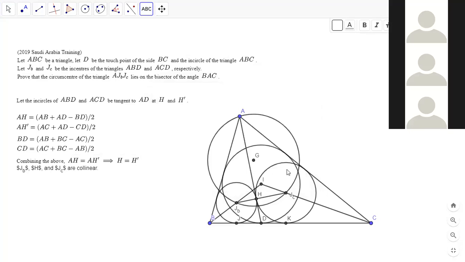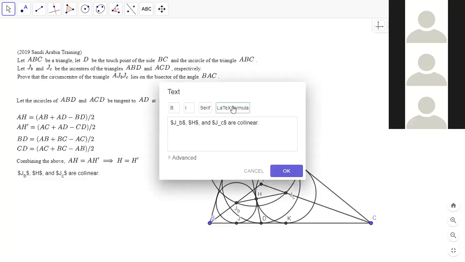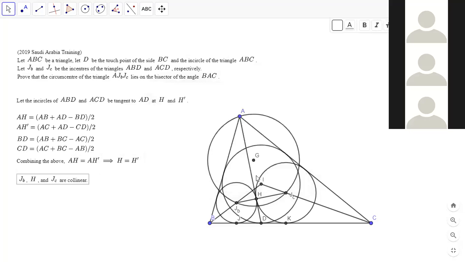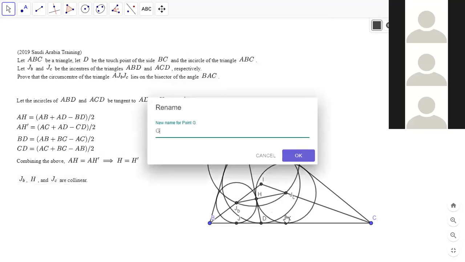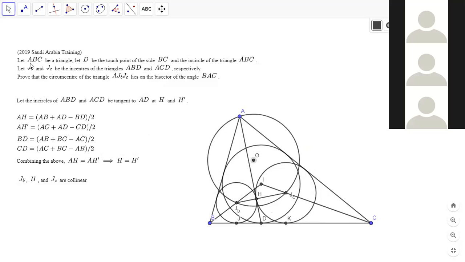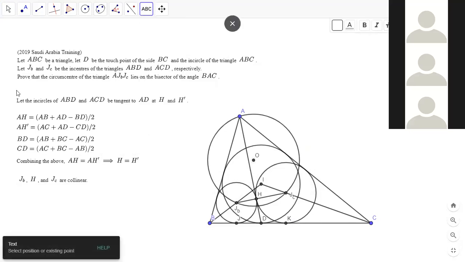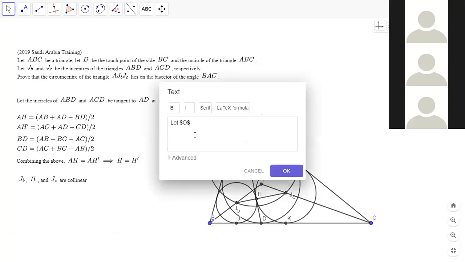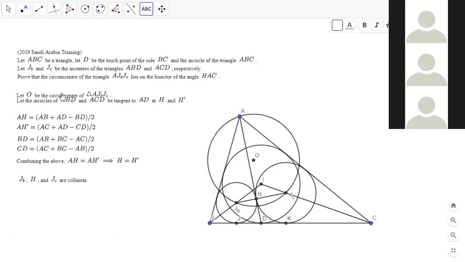Now the angle chase isn't hard. I'll just start out saying, I'll just call this O. Why not? So let O be the circumcenter of A, JB, JC. And then AO and AH are isogonal. That's kind of well known.